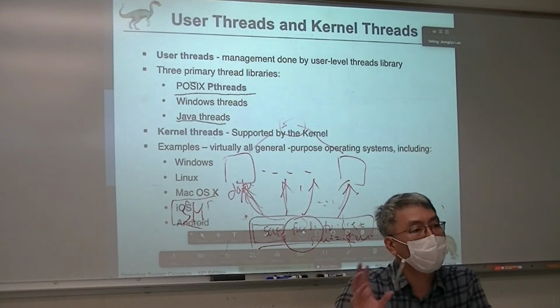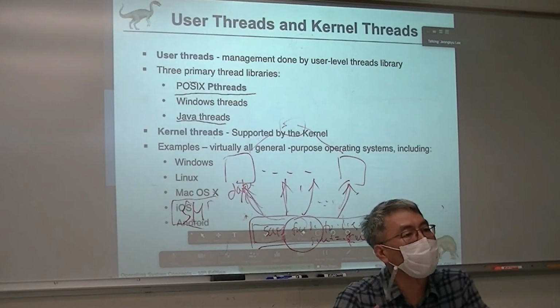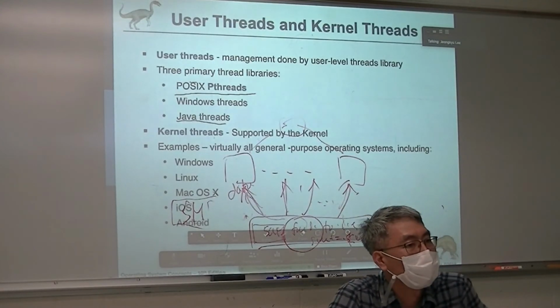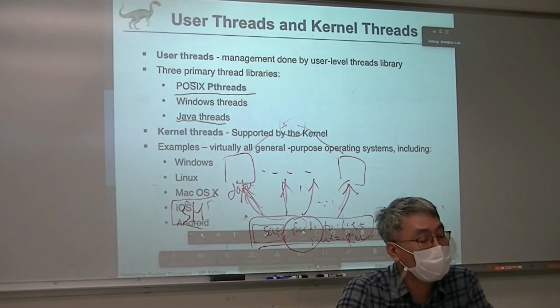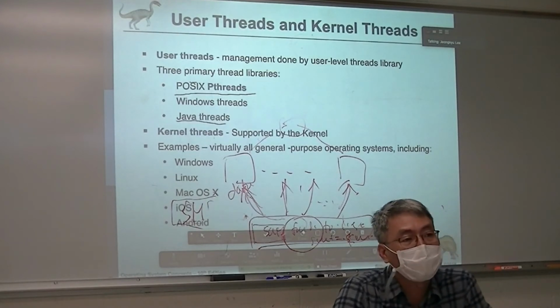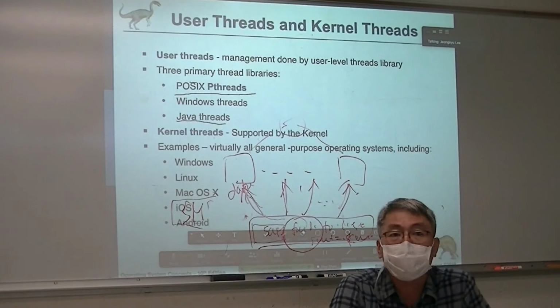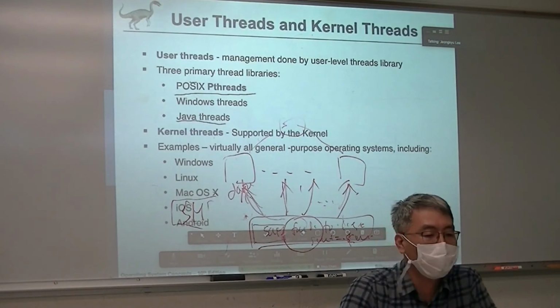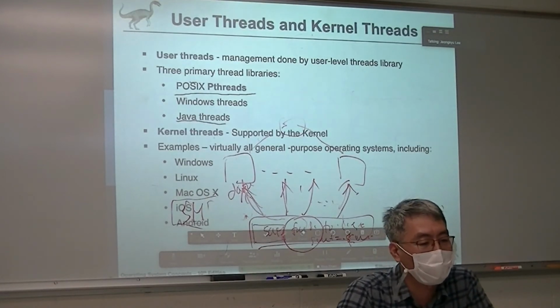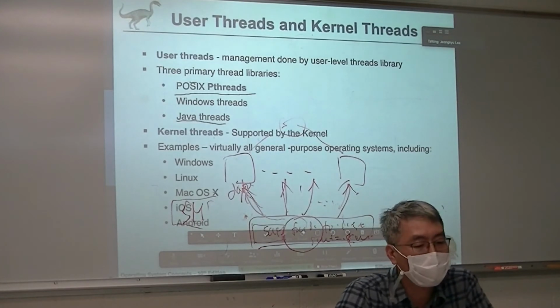Some of them are compatible, but they may have different names for the system library. However, if you are using Java thread or Windows thread, the thread is already implemented, so in your programming, you can use such a thread program. We will see examples of Java, Windows, and also POSIX.